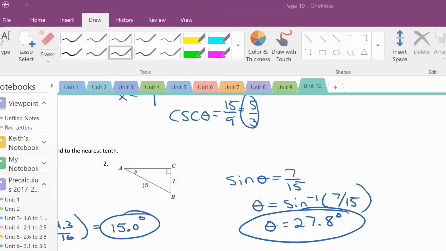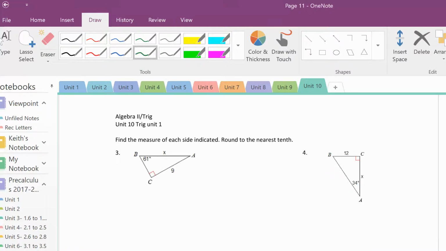There you go. So the last one here, you're going to find the measure of the missing side. So you're going to set up the trig ratio just like you did in the word problem. So here you have opposite and hypotenuse. So you go sine 61 equals 9 over x. Remember, you multiply by x.